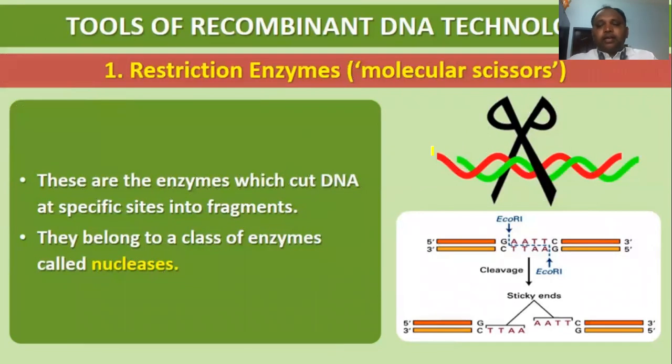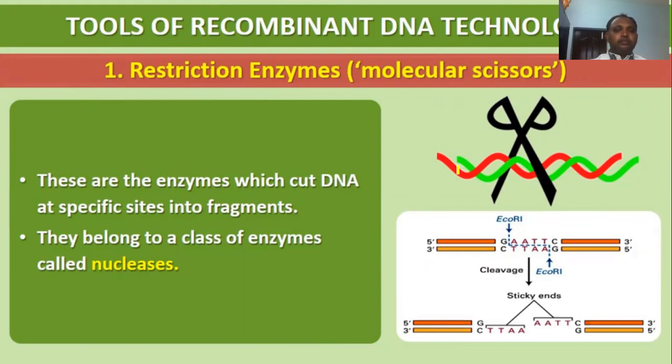These enzymes mostly cut only double-stranded DNA, not single-stranded DNA. If you have a lengthy DNA and want to cut it into fragments, you can do so with the help of this enzyme.